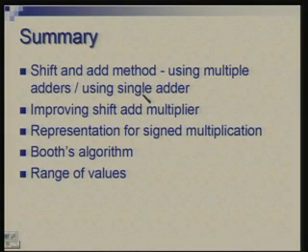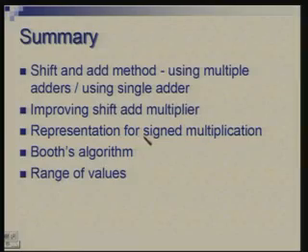The first improvement was that we reduced the requirement of addition from 2 n bits to n bits and made one of the registers which is holding the multiplicand shorter. Then after having done that, we also noticed that the register requirement can be reduced by sharing the same register between the accumulated sum and the multiplier. Then we moved on to the case of signed multiplication, which was basically derived from a common representation for positive and negative integers.